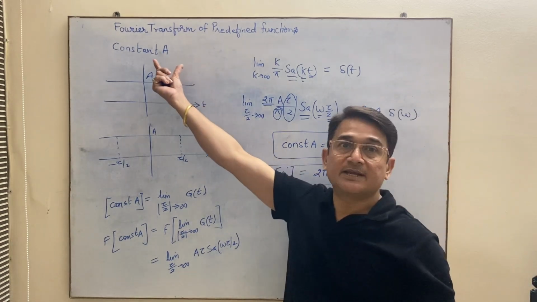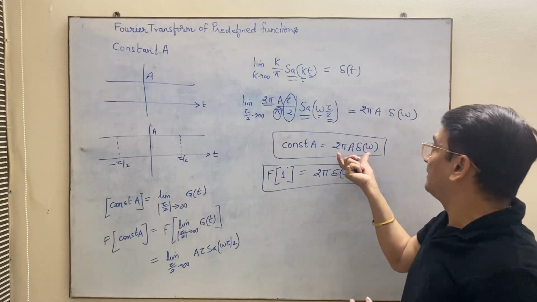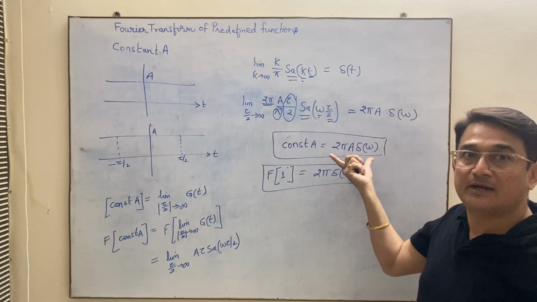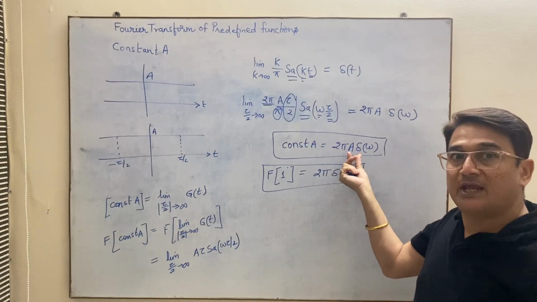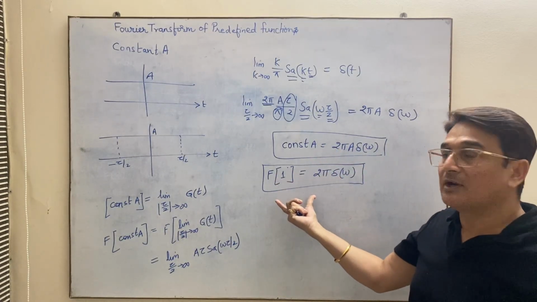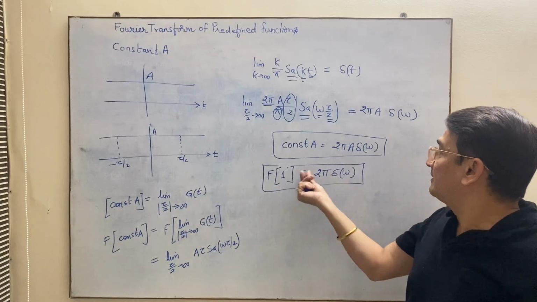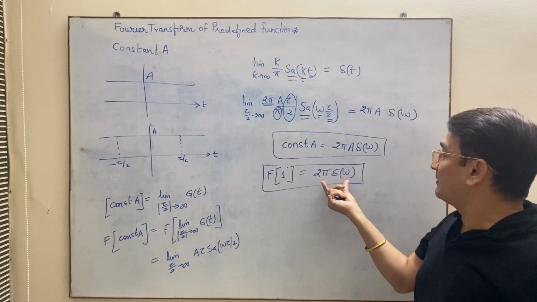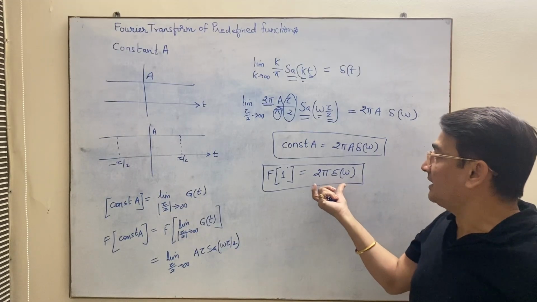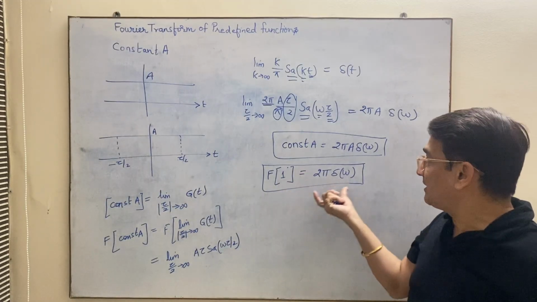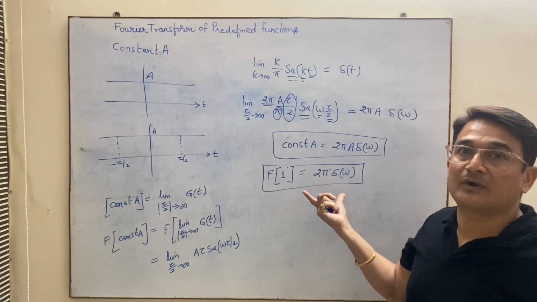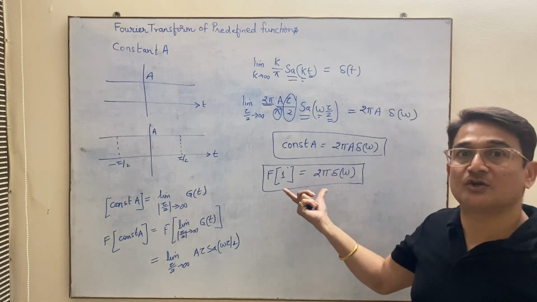So this is the generalized constant a, the Fourier transform of which is 2 pi a delta omega. Now instead of a you can write any number and get the Fourier transform of that particular number. So if I write 1 in place of a, the Fourier transform is 2 pi delta omega. Remember this: the Fourier transform of any constant is 2 pi a delta omega. This way you can calculate the Fourier transform of any constant.